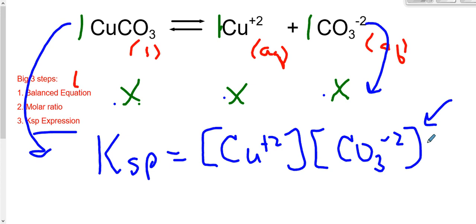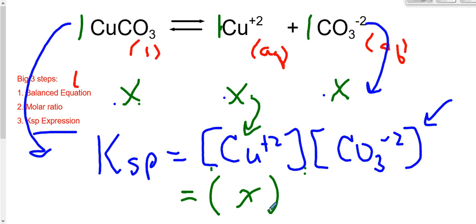We can further simplify this by taking our values from our molar ratio and putting them into the Ksp expression. Right here, I've got the concentration of copper, and we've defined the concentration of copper as x. So I can substitute x inside those brackets.